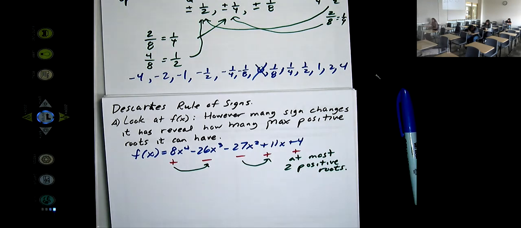And you don't have to do anything but just look at the equation and count the sign changes. There is no math there. I didn't do a thing but just identify positive to negative or negative to positive. So if I get 2 positive roots, I don't have to check anymore.